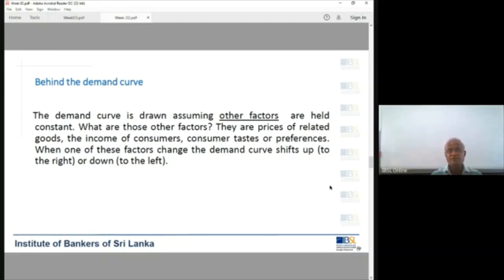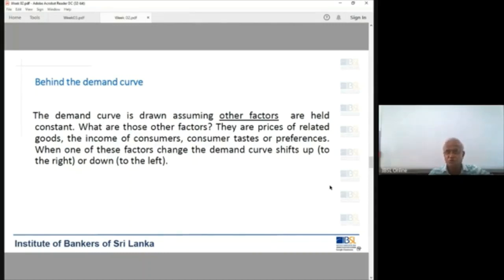In the case of the demand curve, there are prices of related goods, maybe substitutes or complementary. For example, price of chicken, price of beef, price of fish, they are substitute products for this one. Price of eggs, substitutes. Then price of vegetables, price of rice, maybe they are complementary.